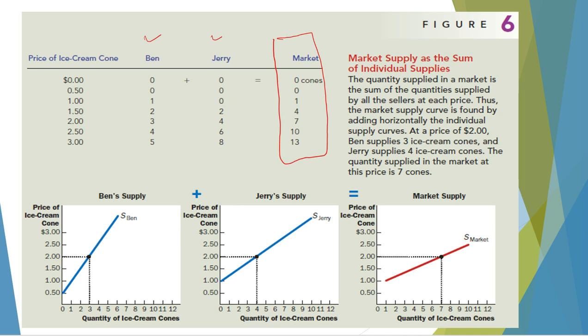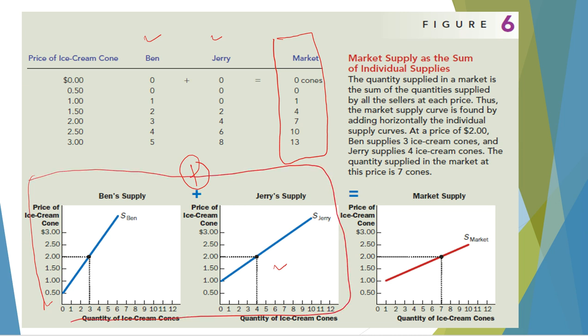The graph in figure 6 shows the supply schedule for Mr. Ben, and this one shows the supply schedule for Mr. Jerry. When we sum these two together, we make them one, and hence it becomes the market supply. So this is the supply schedule for market supply, basically almost the same as this one.